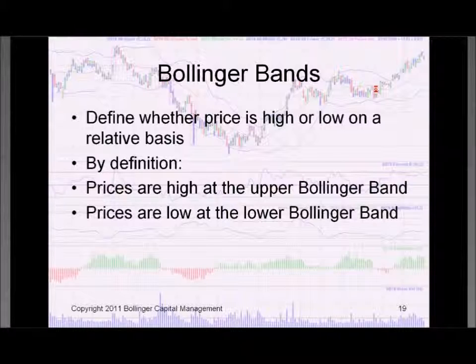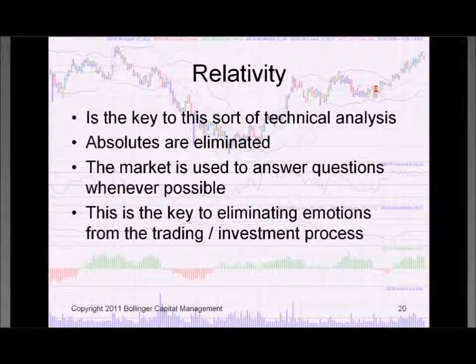It seems a little confounding to people, but that, in fact, is all that Bollinger Bands do, is provide this definition of relatively high and relatively low. And it's this key of relativity that I think is important to this successful approach to technical analysis. And I think it is going to be the key to your successful use of candlesticks as well.